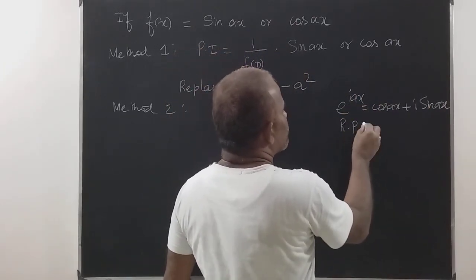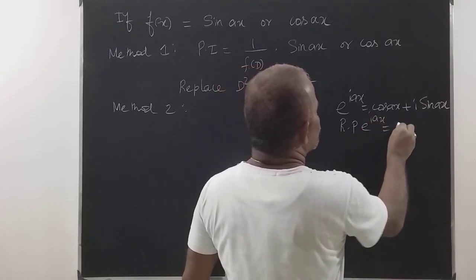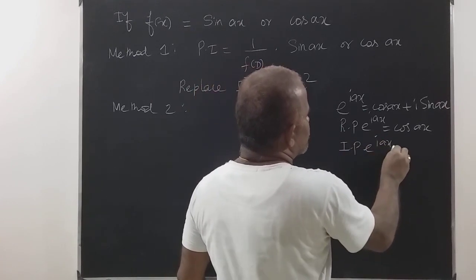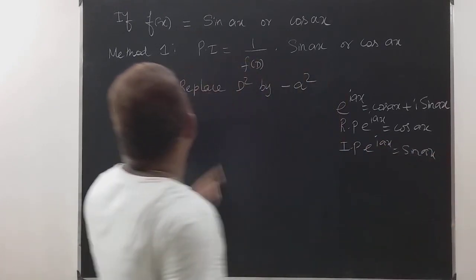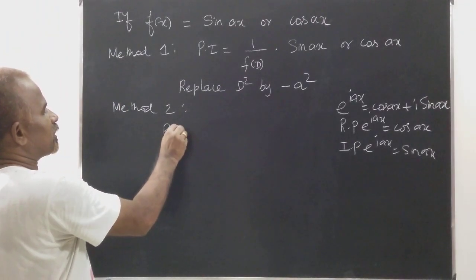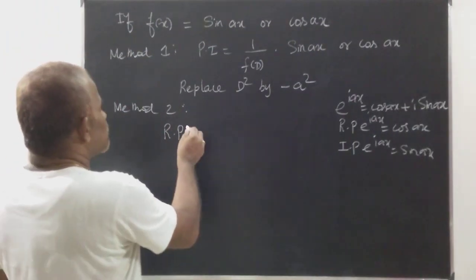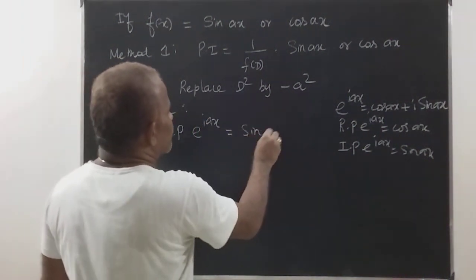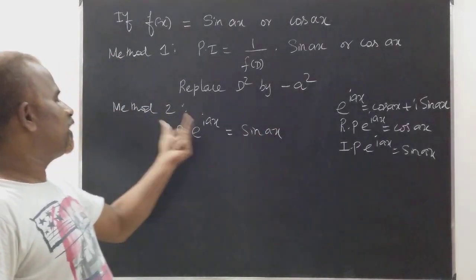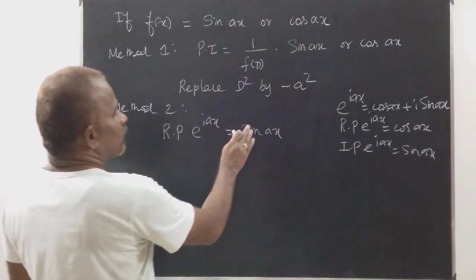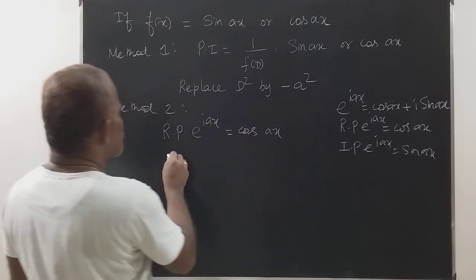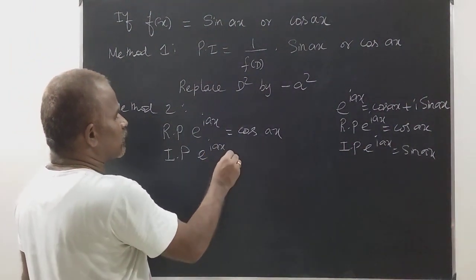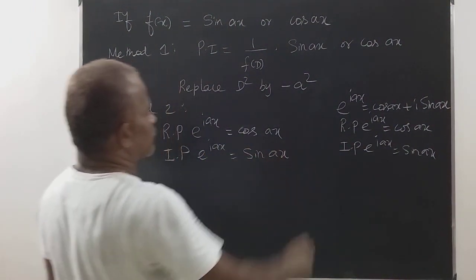So wherever sin ax is there, I can replace it by the imaginary part, and cos ax by the real part.